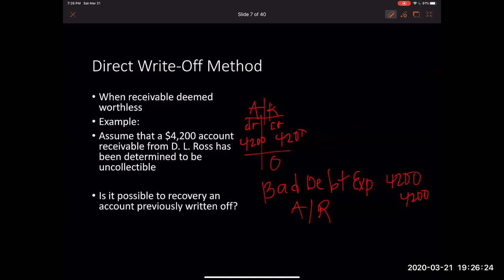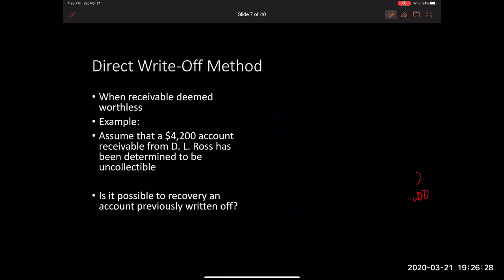So in essence, what you need to do is now you need to reverse that you wrote this off, right? You cannot leave this on your books as a write-off, right? Because now you're getting the money. So in order to show that you're recovering the money, you need to back out that you wrote off that bad debt expense, right? So when we originally wrote it off, it was a debit to bad debt expense and a credit to accounts receivable.